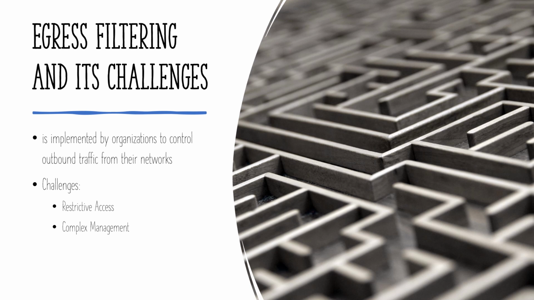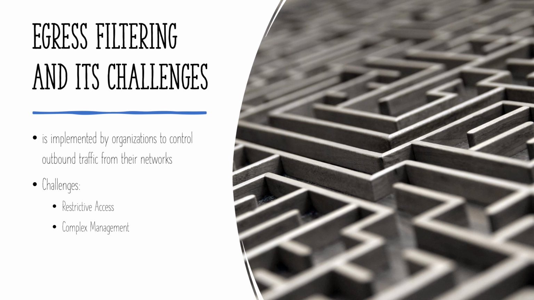Overly restrictive egress filtering can impede access to legitimate resources, affecting productivity and operational efficiency. Complex management. Maintaining an egress filtering policy that balances security with accessibility can be challenging, requiring continuous updates and configurations.